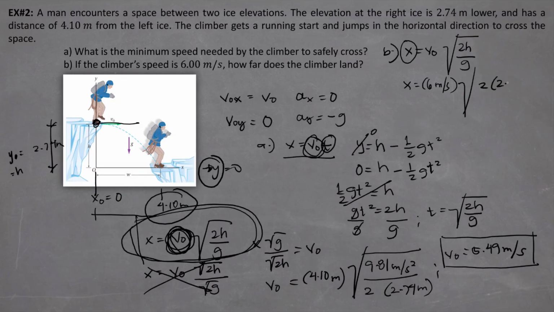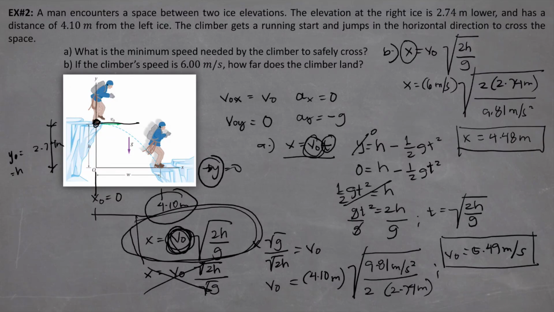We have 2.74 meters over 9.81 meters per second square. And by calculating, x is equal to 4.48 meters. This is the distance he will reach from the starting position using the speed of 6 meters per second.